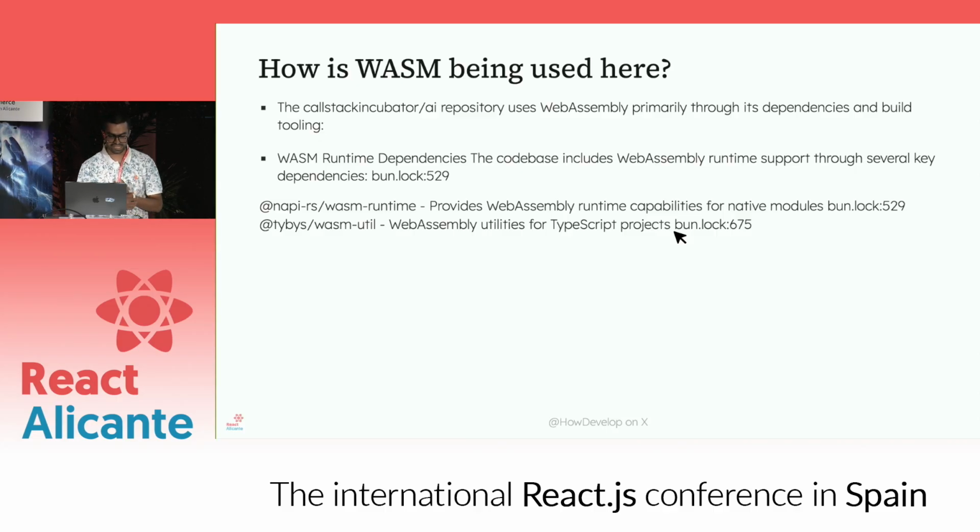Over there, we are using two different libraries. We have the napi-rs wasm runtime, which is what allows us the WebAssembly runtime capabilities for our native modules. And then we are using wasm-util, which is a WebAssembly utility for TypeScript projects. This is generally just being used during the build process for our app.